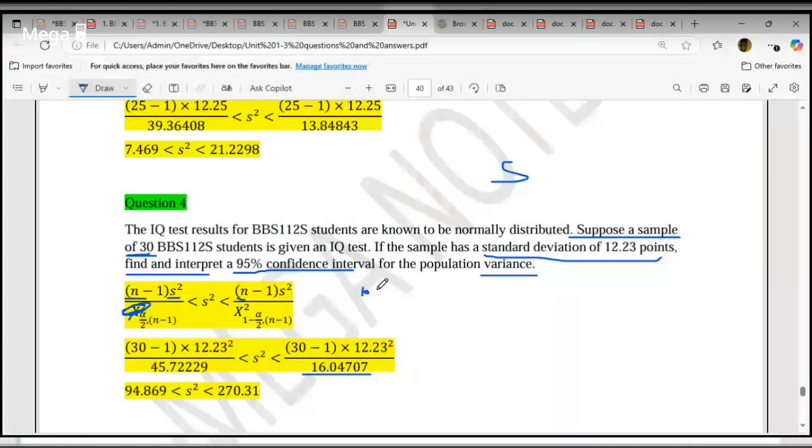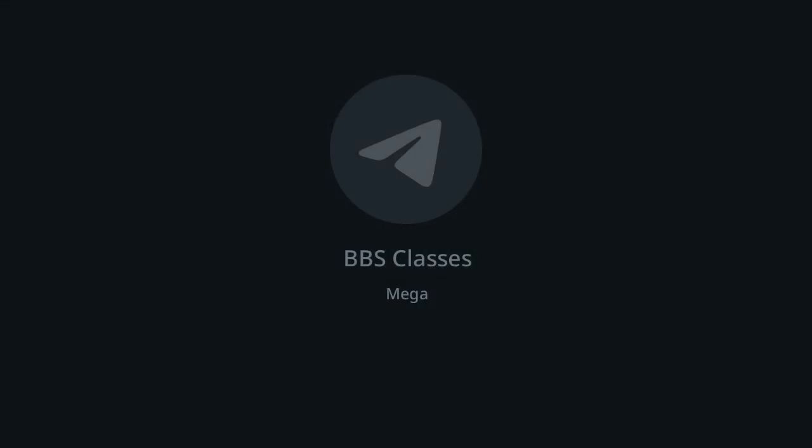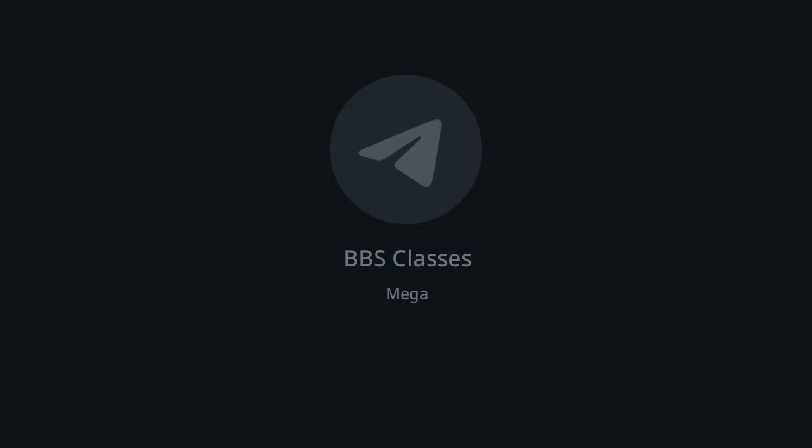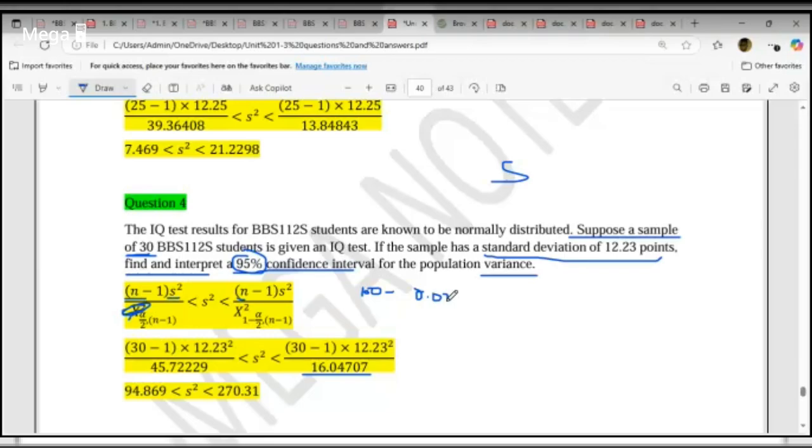In this case, we're finding 95, so alpha is 100 minus 95, which gives 5%. Meaning our alpha is 5%, and write it as a decimal: 0.05. Then 0.05 divided by 2 gives you 0.025.